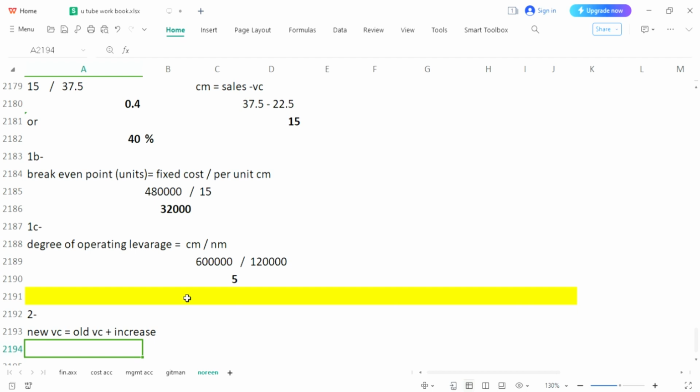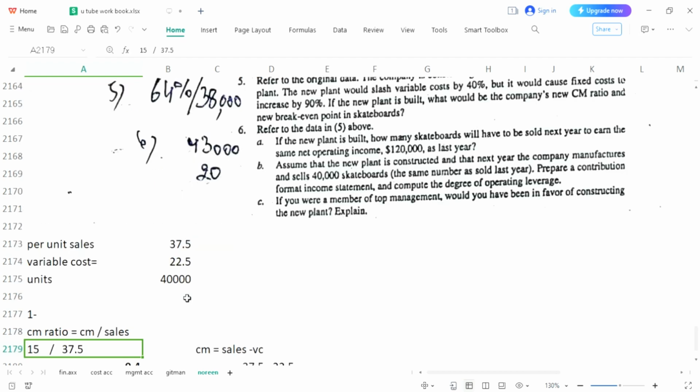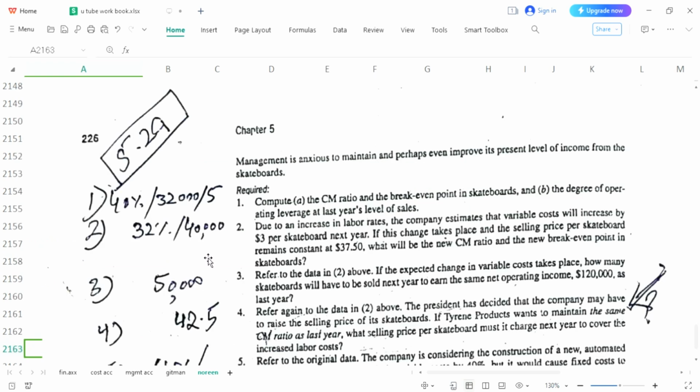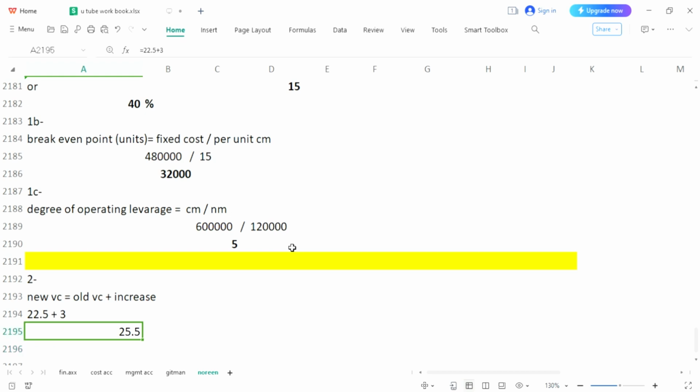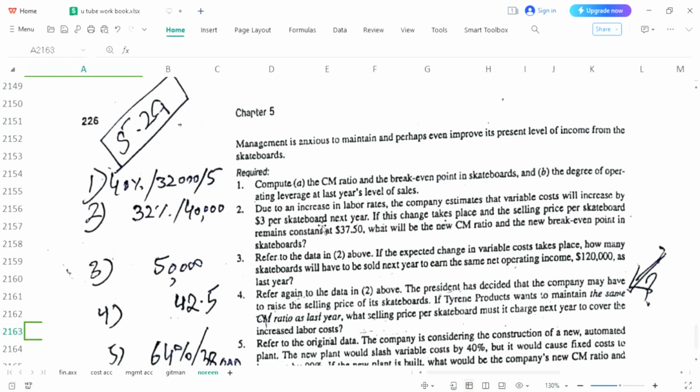Old VC was 22.5, and in the question it has been said to increase by 3. It means the new variable cost would be 25.5.